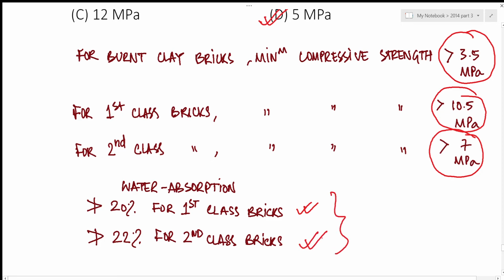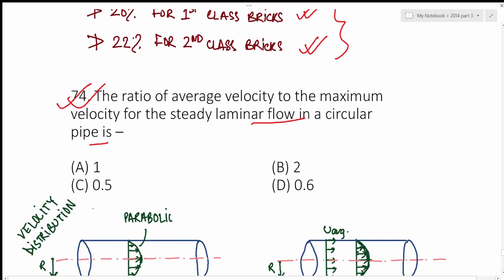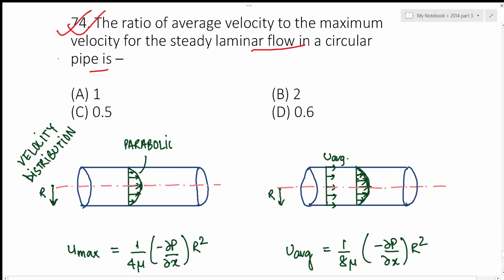These are also important. Next question: the ratio of average velocity to the maximum velocity for steady laminar flow in a circular pipe is? Now for a steady laminar flow in a circular pipe, the velocity distribution is shown here.